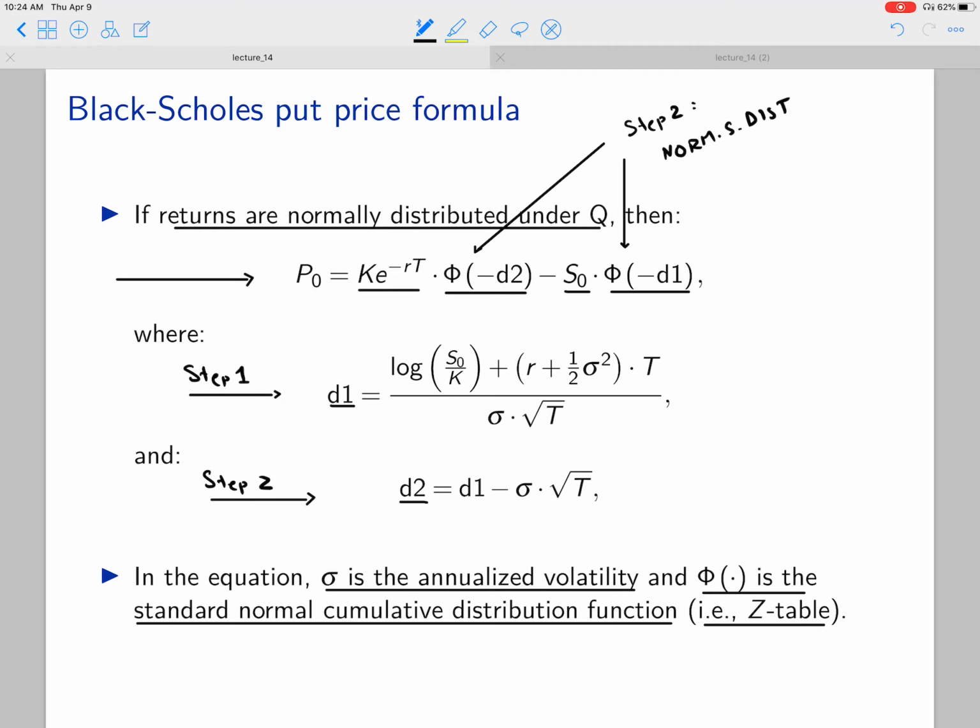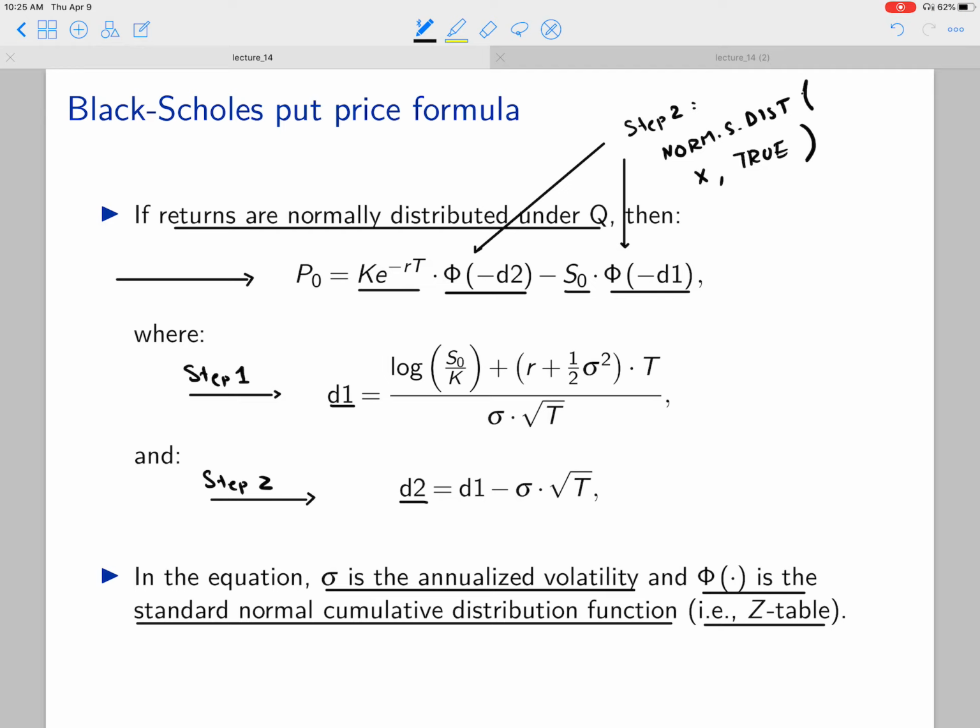It's going to output a cumulative probability that falls between 0 and 1. There are many ways to go about getting this probability. The easiest way is to go into Excel and type in the norm.s.dist function, which takes in an argument x, which is the value of the standard normal random variable. And the second argument is true, which means use CDF instead of probability density function.